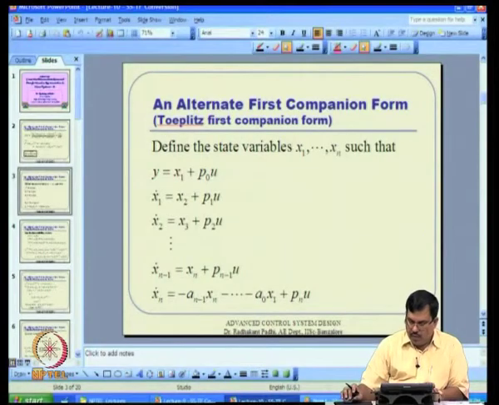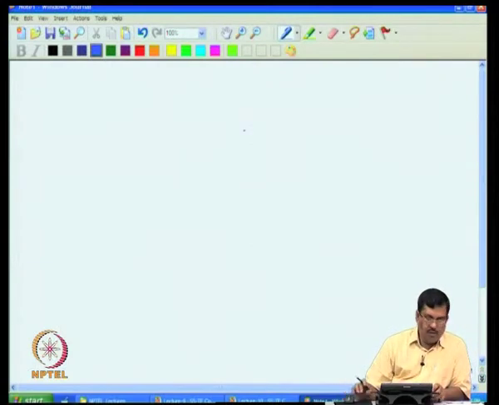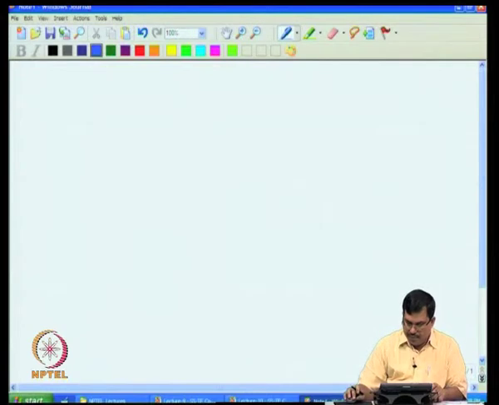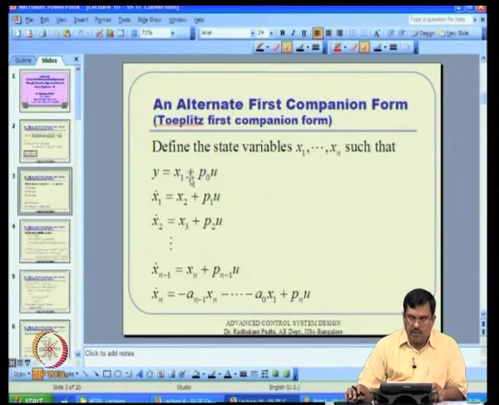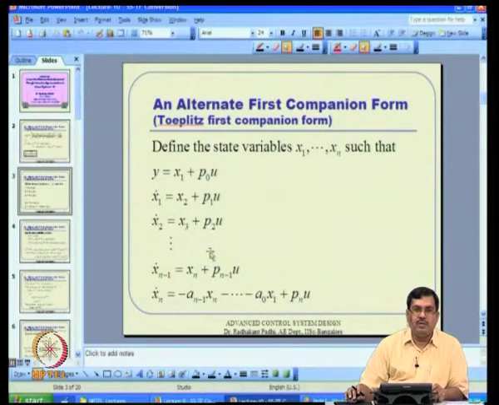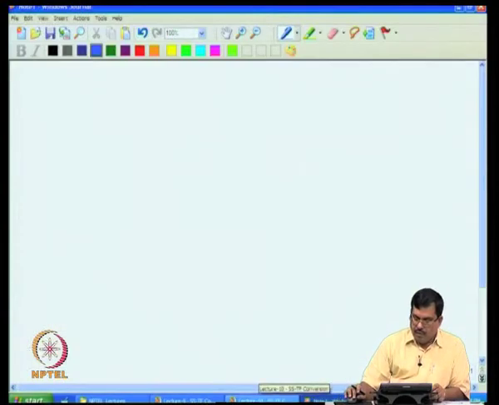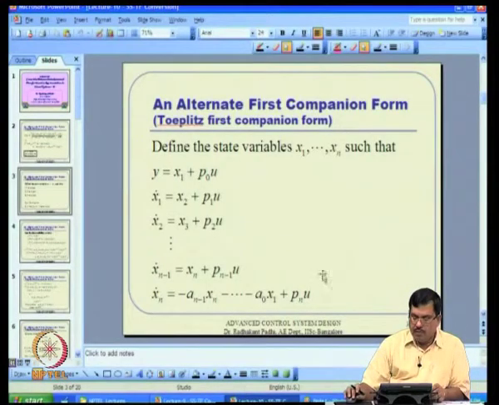So, this is the set of equations that you want to represent in block diagram form. I will start with the y definition, let us say this is x1 plus p0 u.